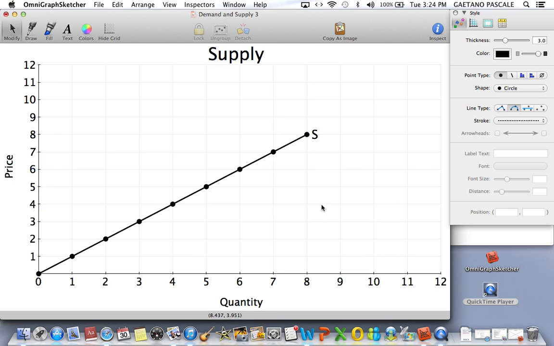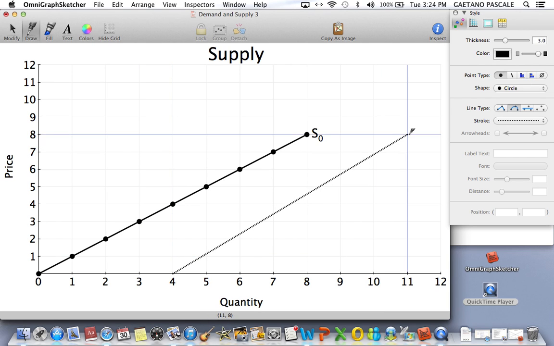Let me get rid of those. Change in supply means that the supply curve physically shifts its location. So here's our original supply curve, and let me make that supply curve 0 just for notational purposes. Let me draw in a couple of different supply curves.